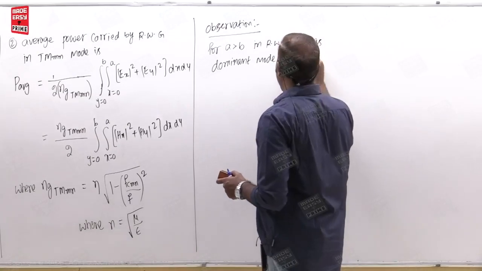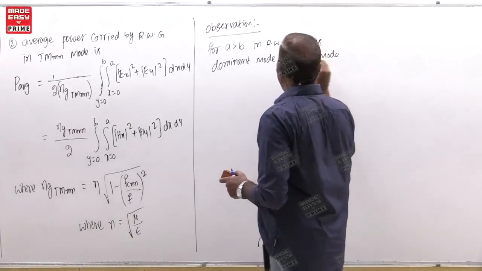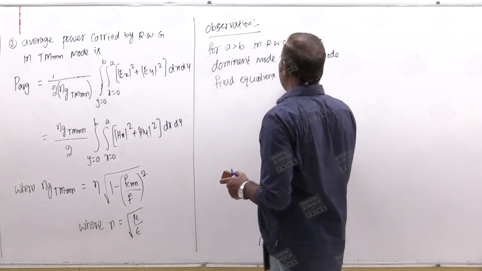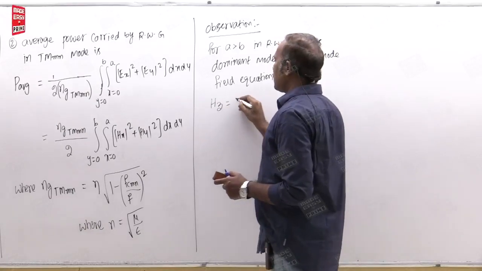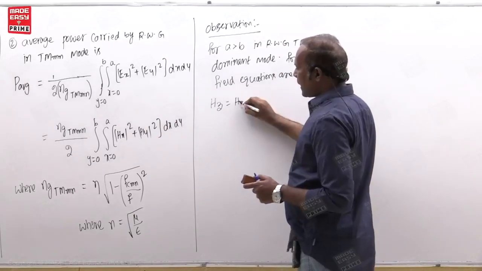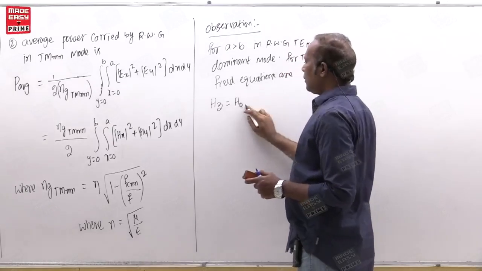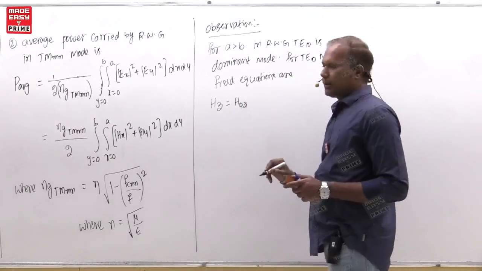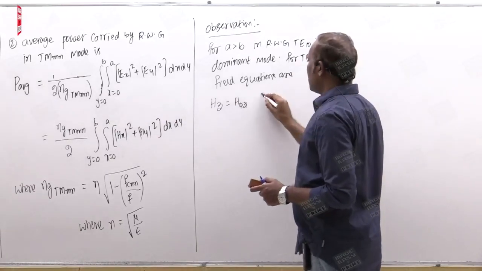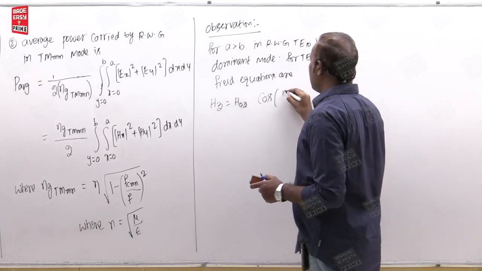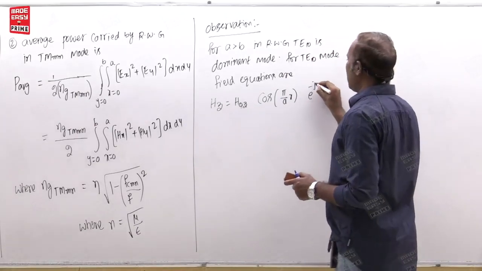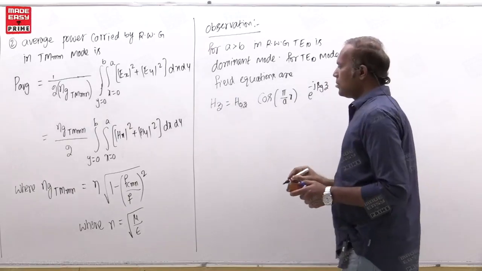For TE10 mode, field equations are already written, students. Hz is equal to H0z, that means initial value. H means magnetic field, naught means initial value of z component. Then cos m pi by a into x, m is 1, then cos n pi by b, n is 0, so you get e power minus j beta g into z.